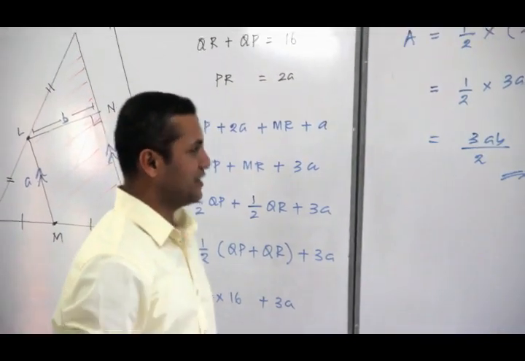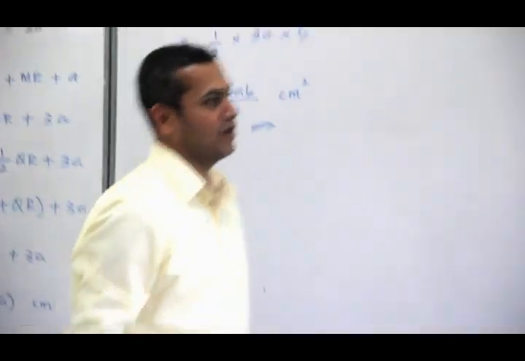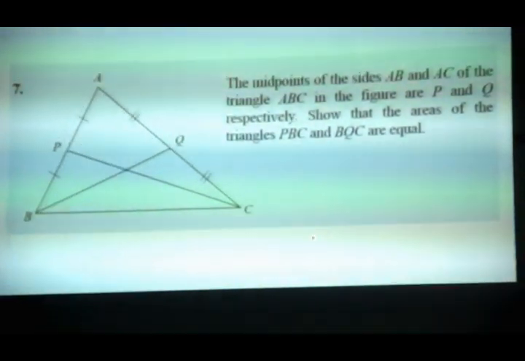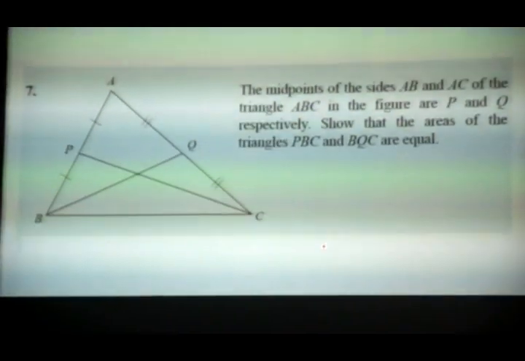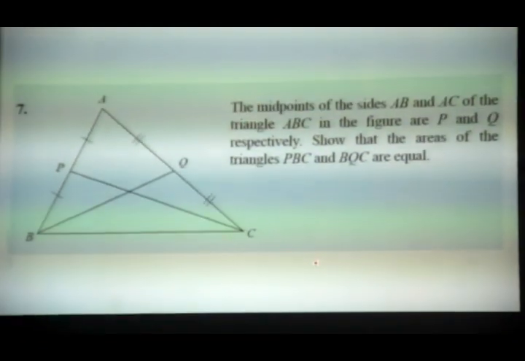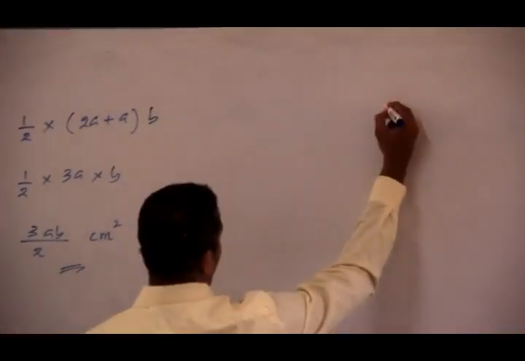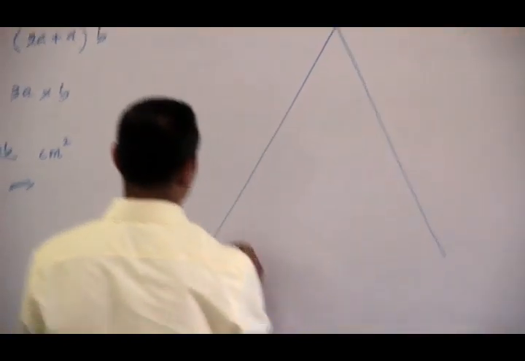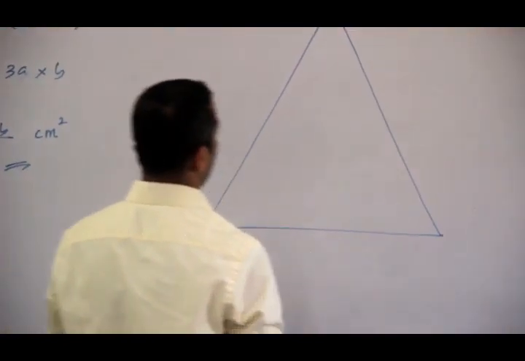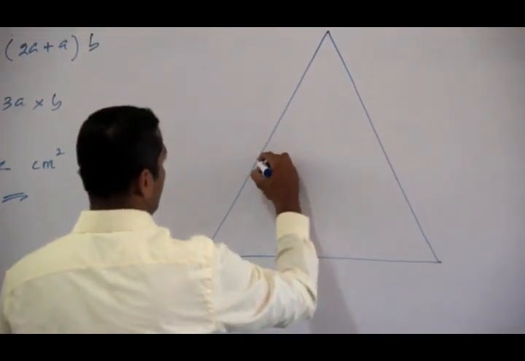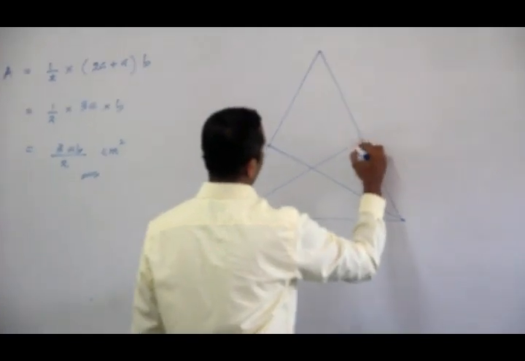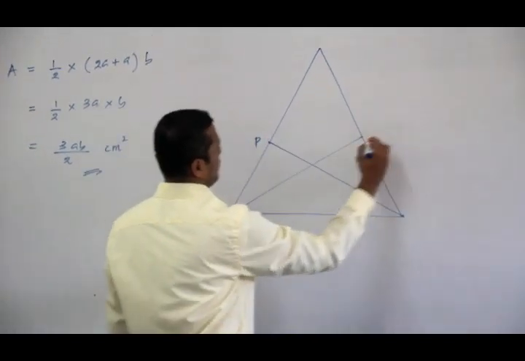Right. Look at the next question. We did the sixth one already. Now we'll do the seventh question, right? Try to understand the concept and try it on your own. Right.